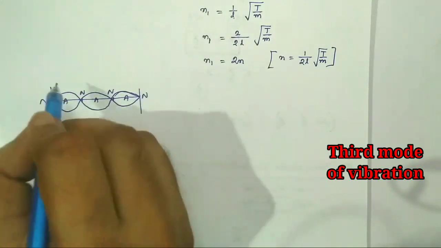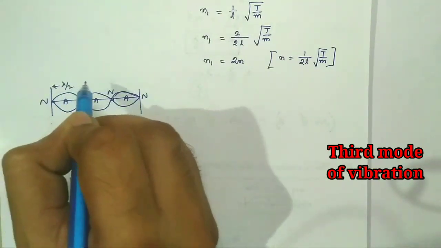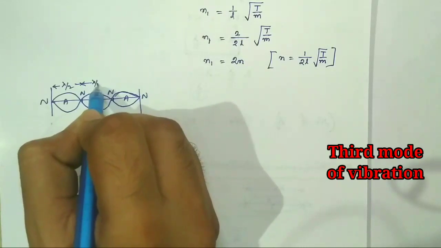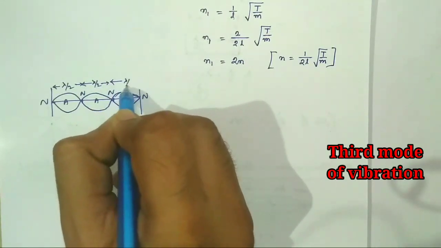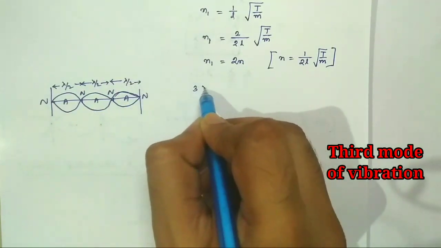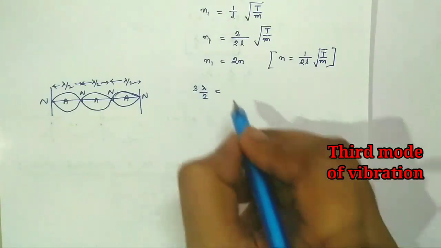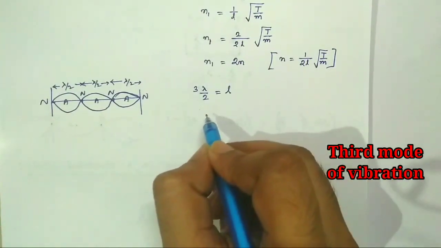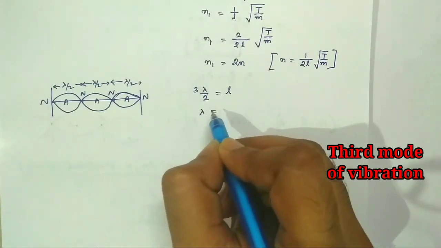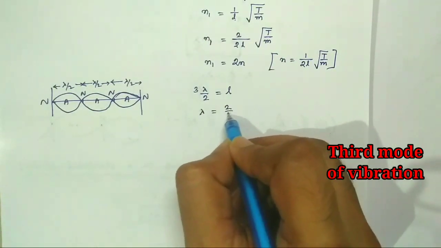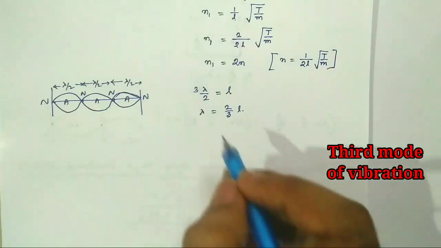What is the total distance? Lambda by 2, lambda by 2, lambda by 2. That is 3 into lambda by 2. This must be equal to the length of the string, that is L, or we can write here lambda equal to 2 by 3 into L.